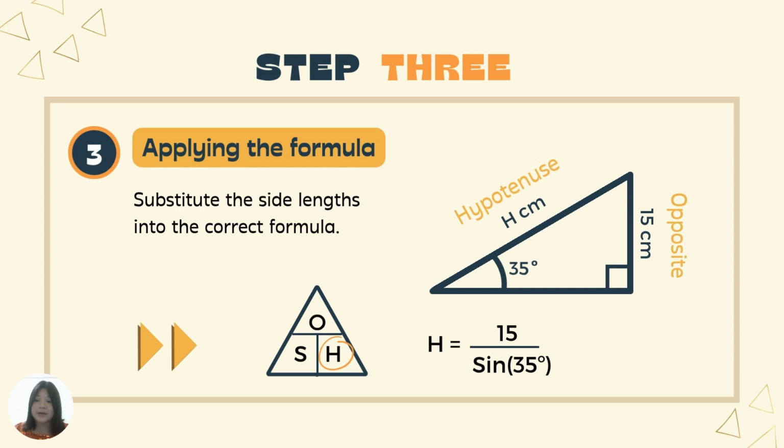Now we apply the formula to solve for h. We want to solve for the hypotenuse. We multiply both sides by h and then divide by sine 35 degrees. This gives us h equals 15 over sine 35 degrees. And that's how we solve for the hypotenuse using sine.